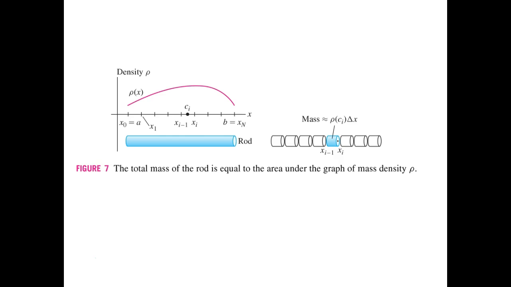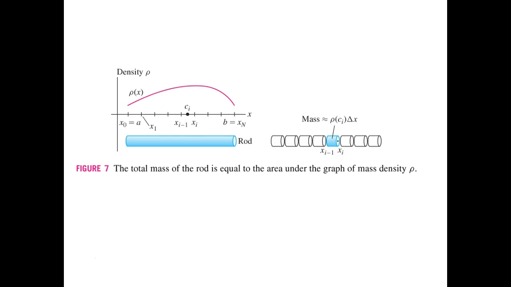But because it may have a density that depends on where you are along the rod, this could be far denser here and getting less dense as you go. It could be very low density here and getting denser as you go. Or it could be starting low, going dense, then getting less dense, going more dense. It's just varying with the displacement.